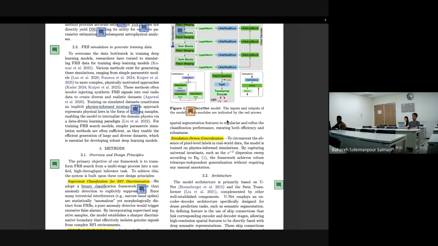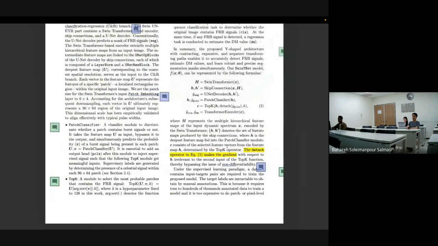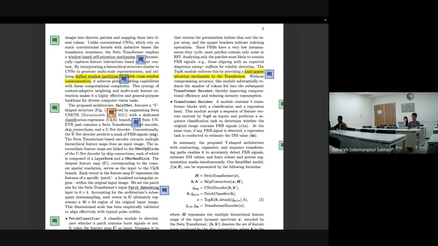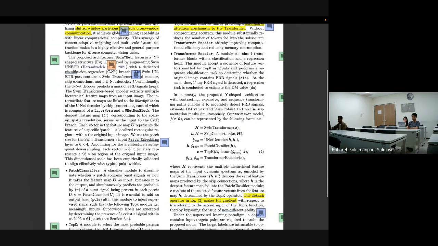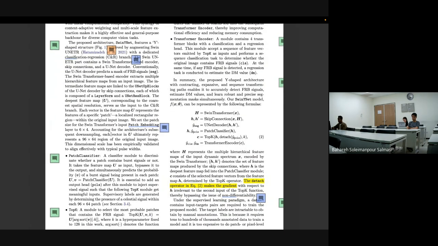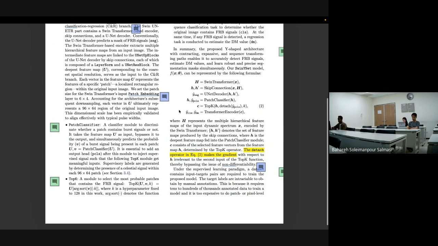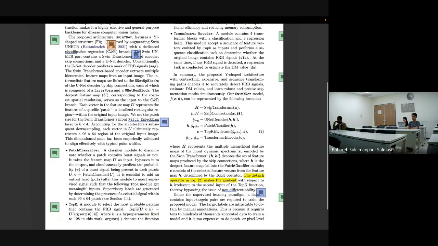If you're more interested in the structure, you can read this. The architecture contains 3 parts, like a Y structure, including the transformer and also the patch classifier, and the transformer encoder, to structure the model.